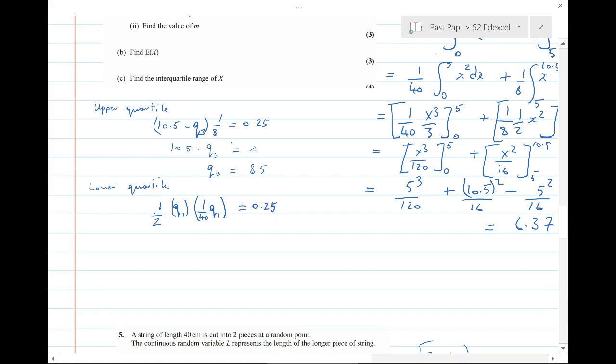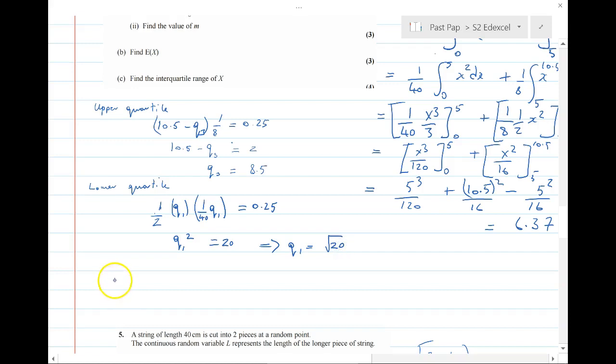So if I multiply that out, I get Q1 squared equal to 80 times 0.25, which is equal to 20. So that gives us that Q1 equals the square root of 20.